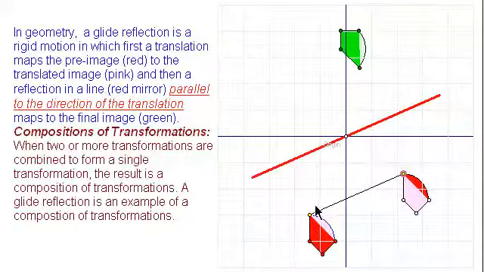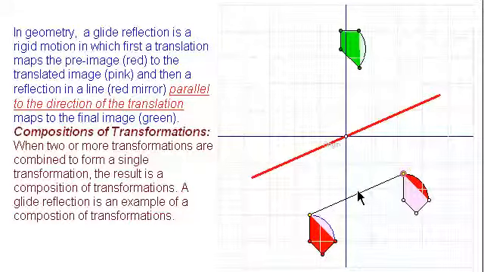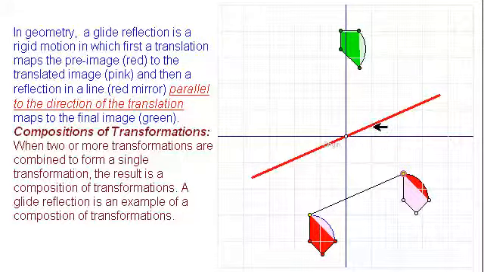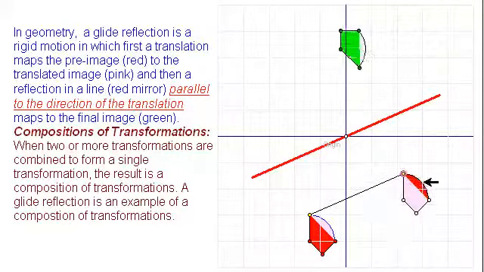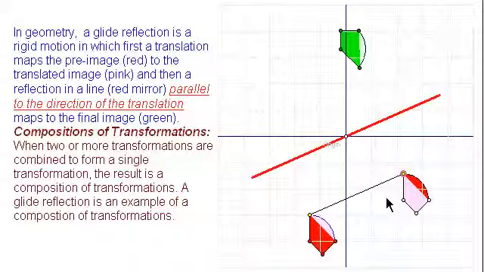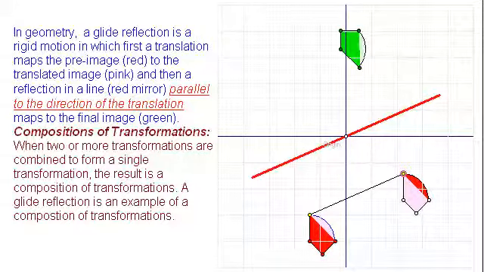The direction of the translation is along this line, and this line and the line of reflection, they are parallel. So when a translation takes place in one direction and then there is a reflection in a line which is parallel to the line of translation, the image created is the green image. It is called glide reflection.